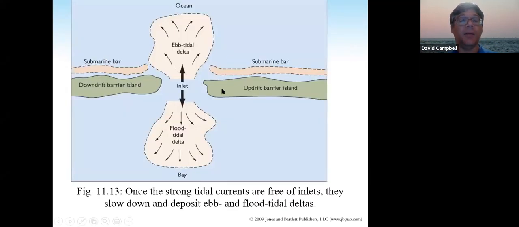As the currents of the longshore currents are flowing along, carrying sand, we get to an inlet. Okay, then that's running into the tide currents coming in and out here. As tide goes in, flood tide, that'll carry sand on into the lagoon or bay area behind.